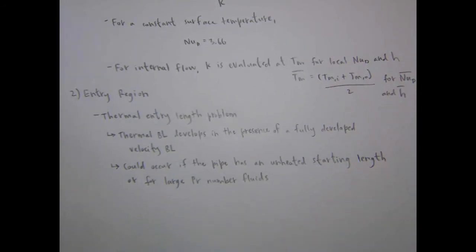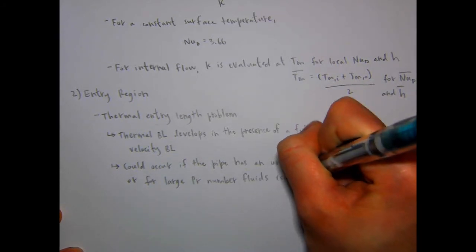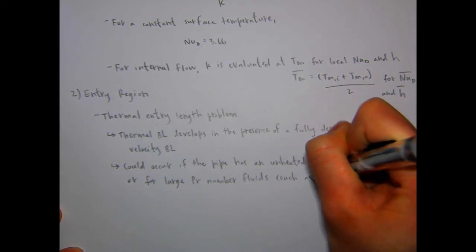For those, the momentum diffusion is much higher than the energy diffusion. So the velocity boundary layer develops much, much more quickly than the thermal boundary layer. So you can essentially assume that the velocity boundary layer becomes fully developed so quickly that the thermal boundary layer is then still developing in the presence of this fully developed velocity boundary layer. So large Prandtl number fluids such as oils.